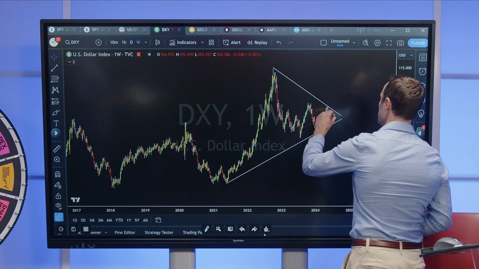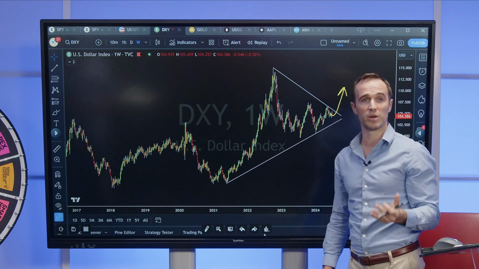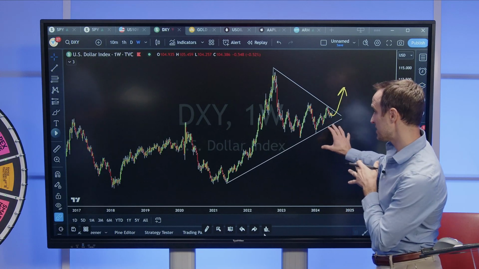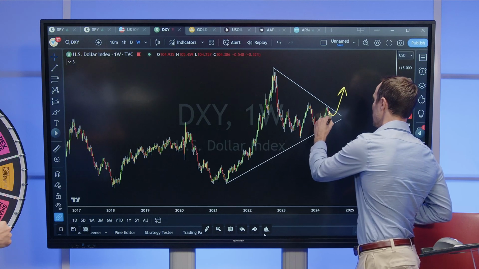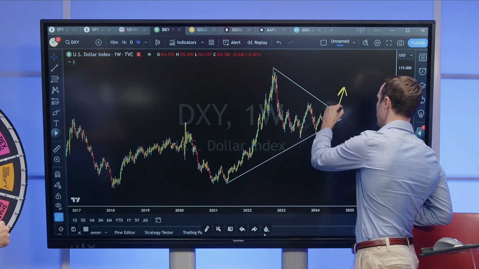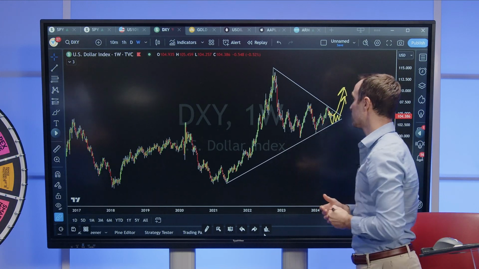So if the dollar breaks to the upside, the S&P will likely fall. This makes me think that the dollar will probably come back into this area and then eventually break out, especially with the S&P at all-time highs right here.